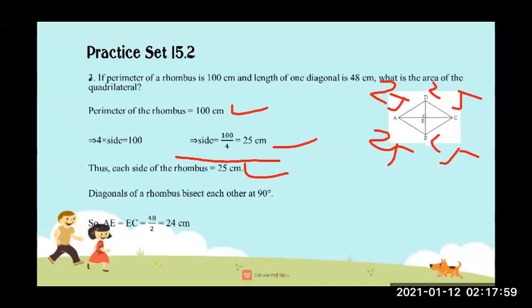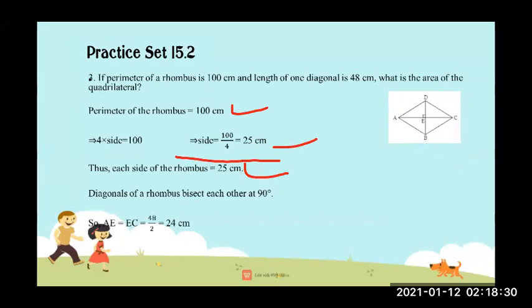Now next, they told there is a diagonal. One diagonal they have given. Now here you have to write: diagonals of a rhombus bisect each other at right angle or 90 degree. That means, you can see in our diagram, AE is equal to EC.